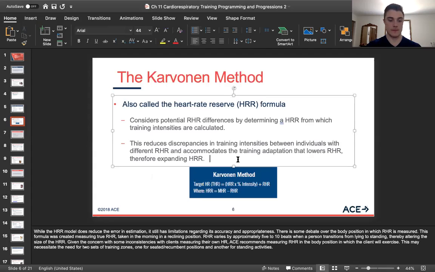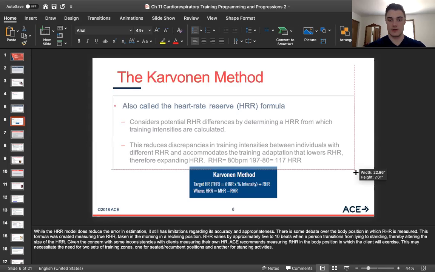Let's say my resting heart rate is 80 beats per minute and my max heart rate is 197, meaning that my heart rate reserve is going to be 197 minus 80, which is 117. Resting heart rate equals 80. 197 minus 80 equals 117. So that's my heart rate reserve.